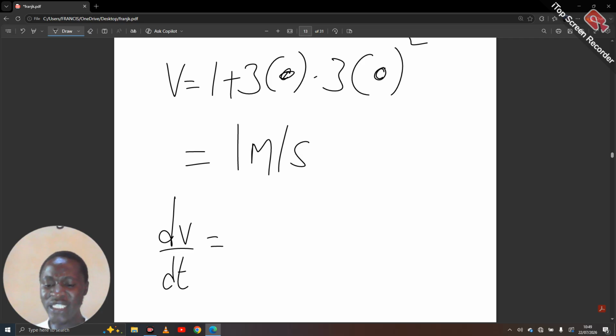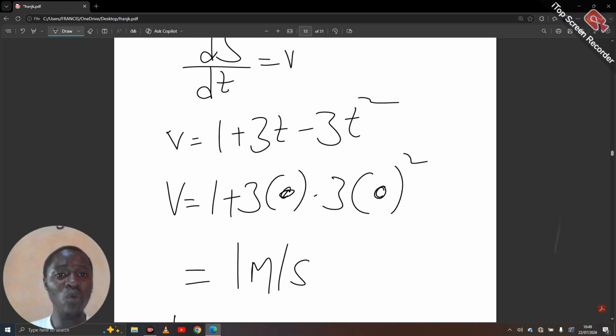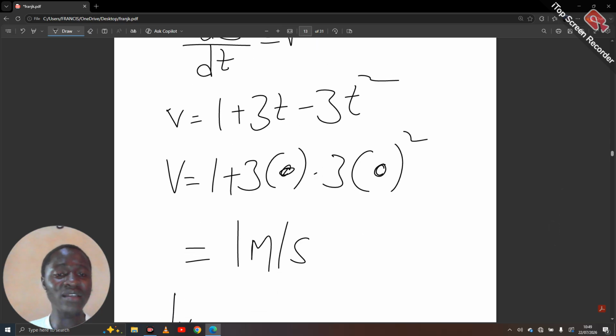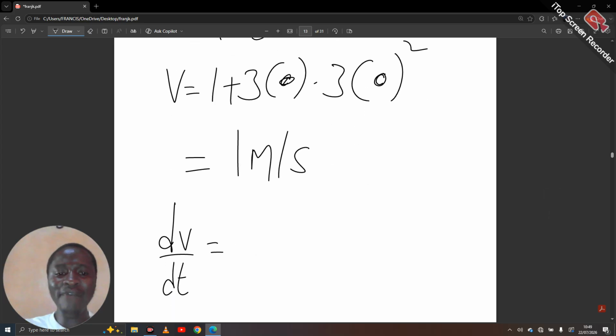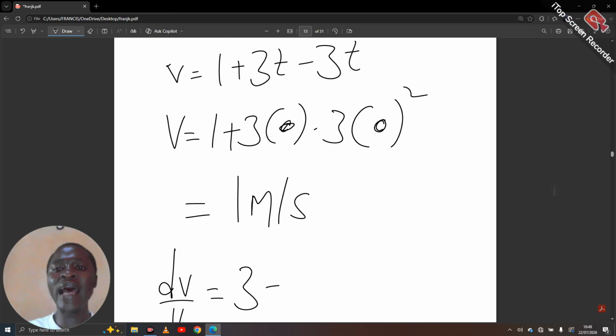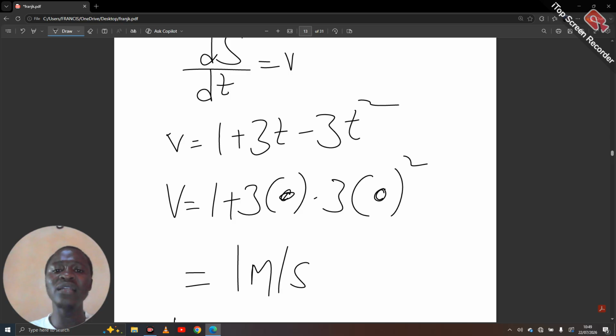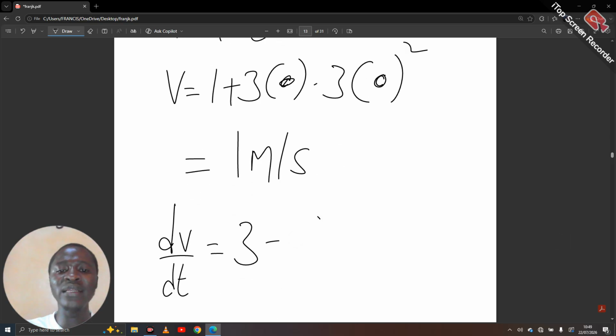Differentiating this, remember 1 is nothing. So we are having 3 minus, remember 2 comes there, multiplied by that, 6t. So dv over dt equals 3 minus 6t.